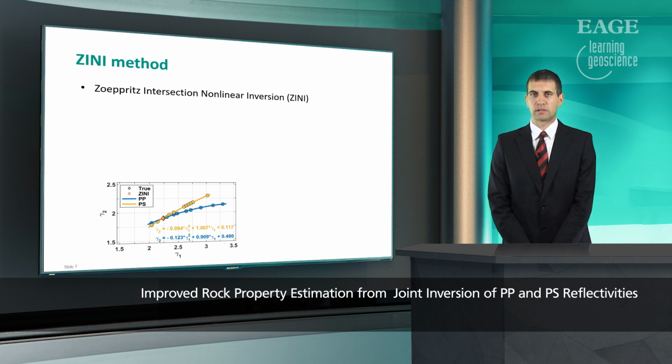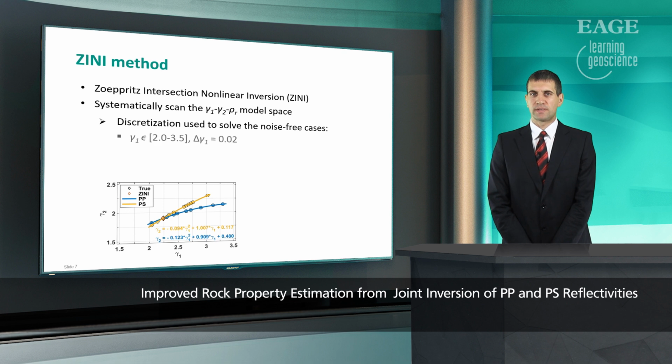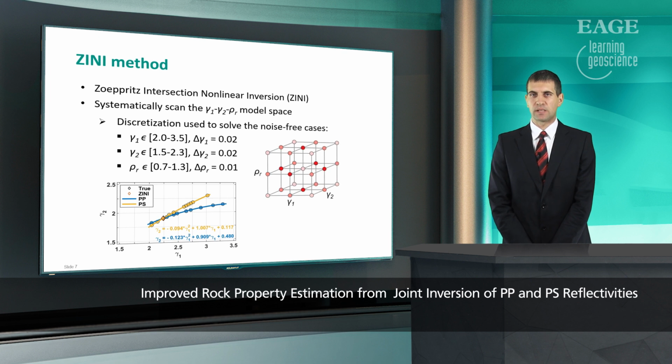However, in the ideal noise-free case, only one point, namely the intersection point, will satisfy both equations. The problem is solved numerically by discretizing the continuous model parameter space as shown below. Note that the scanning parameter space is three-dimensional, since the acoustic impedance ratio is calculated directly from the intercept formula for P2P waves.